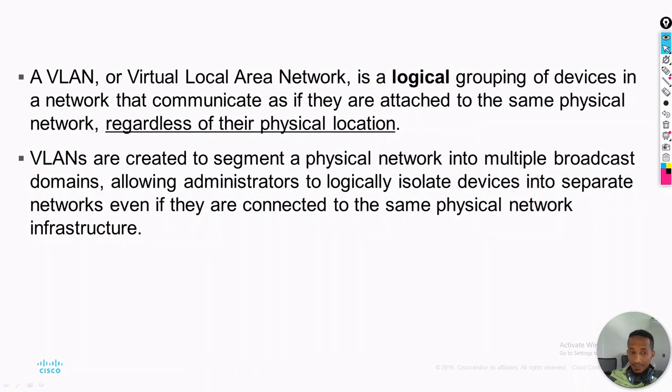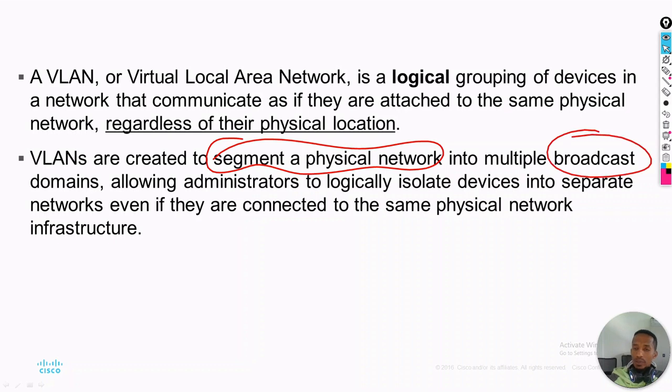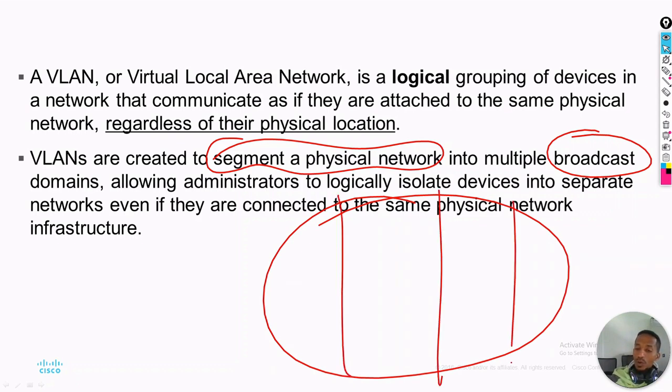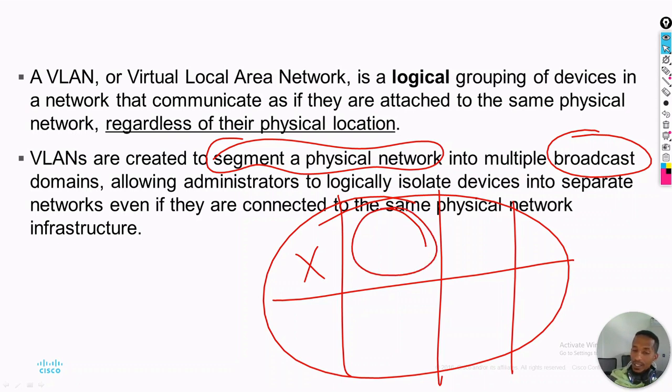It is segmenting a physical network into multiple broadcast domains. If you have a huge number of PCs in a network, you will subdivide them into smaller components, so each group communicates among its own PCs. If any message is to be sent, it will be sent only to the members in that logical partition.